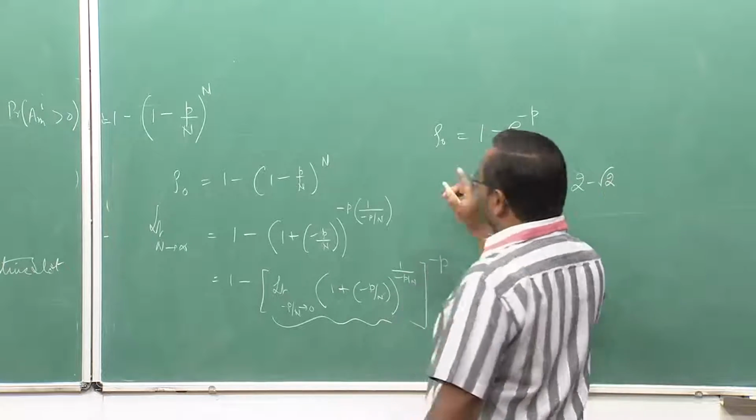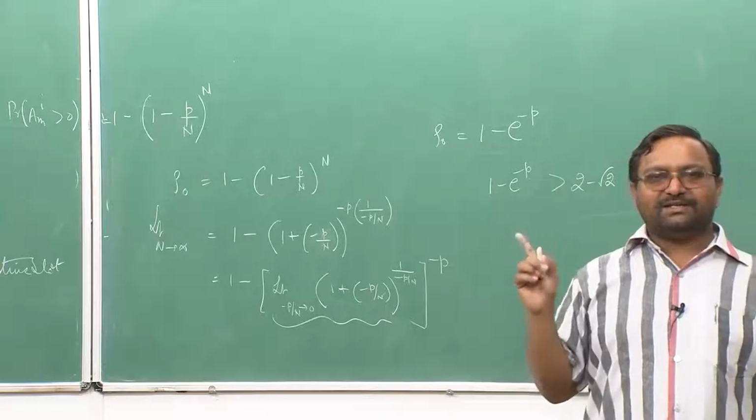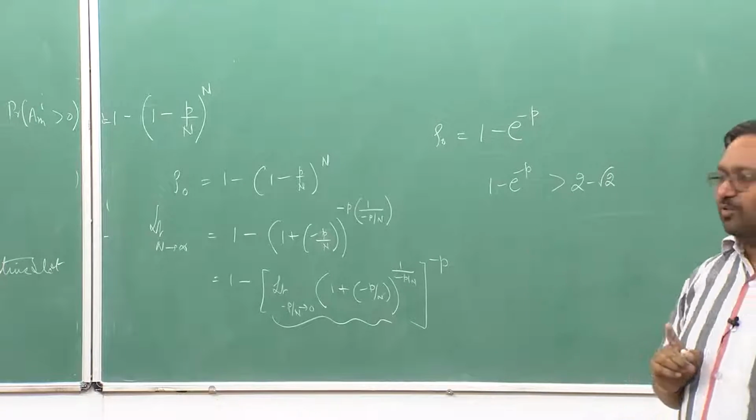Now, you have to understand rho naught is the throughput, the link utilization at the output side, and P is the input arrival rate probability.